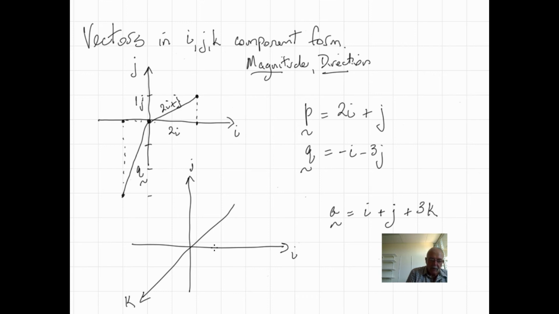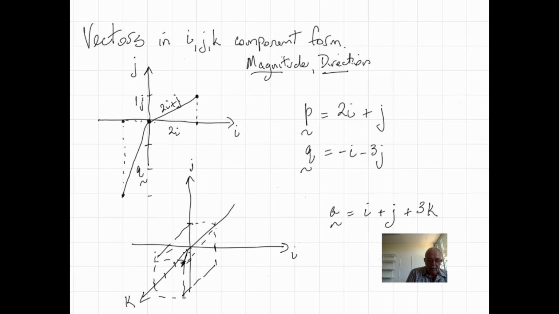So we go out 1 unit in the i, 1 unit in the j, and this is the positive case, so we're going to come out 3, so we're going to go out 1, 2, 3, so we'll draw the vector.